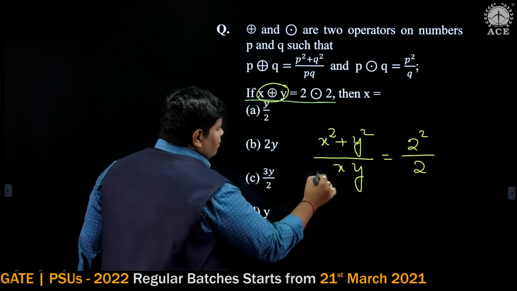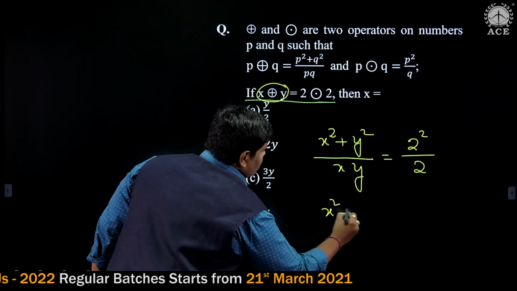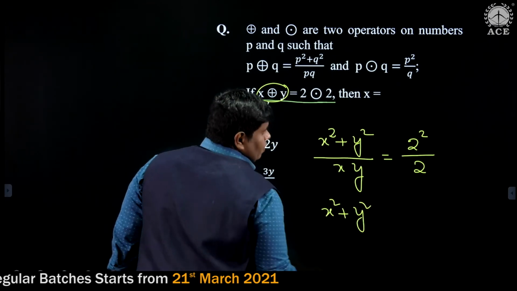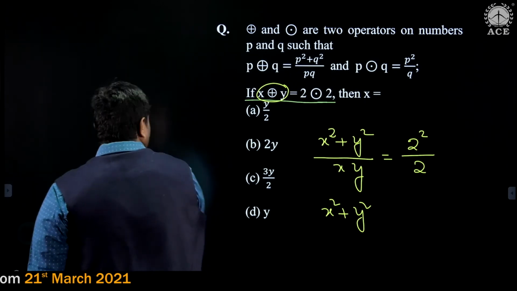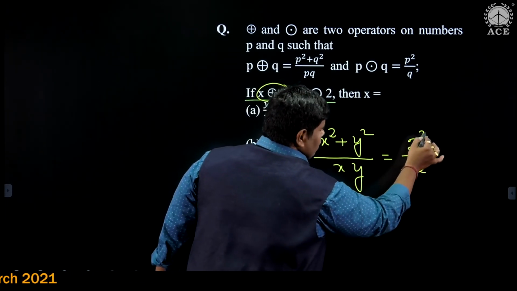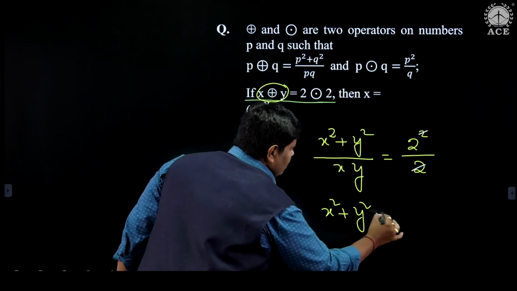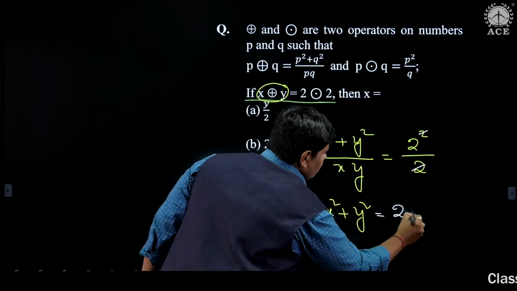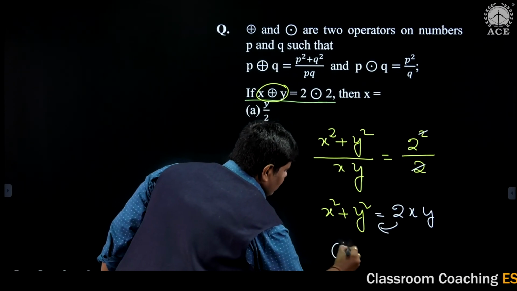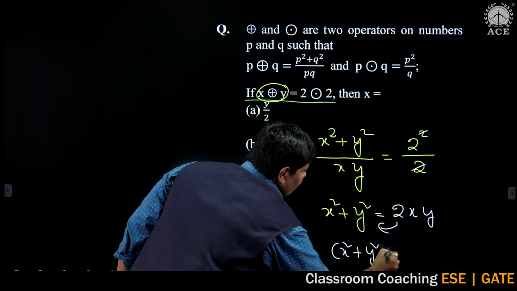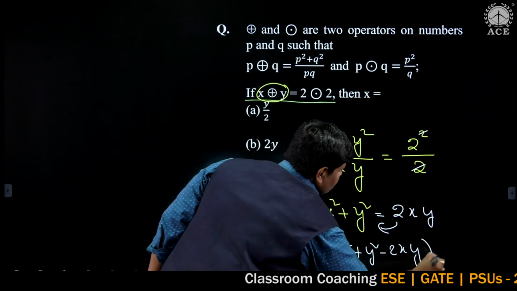After simplification, x square plus y square, the 2's cancel, and the right side becomes 2xy. So moving 2xy to the left side, x square plus y square minus 2xy is equal to 0.